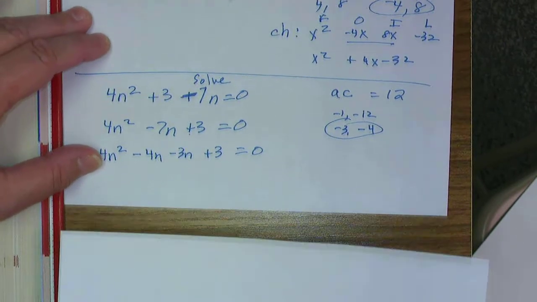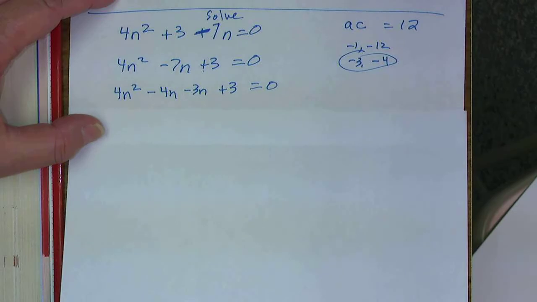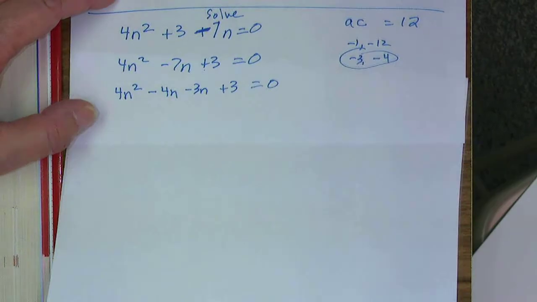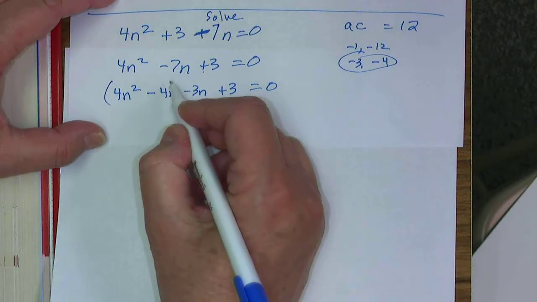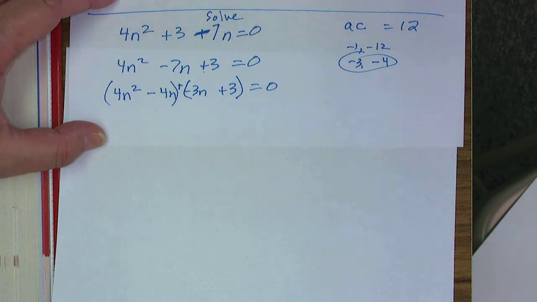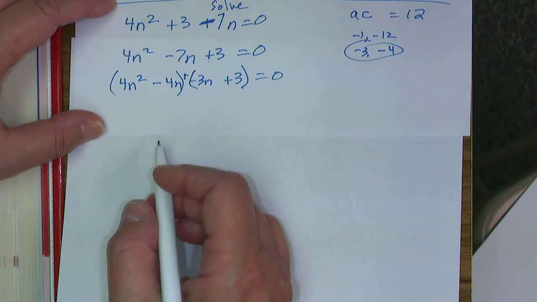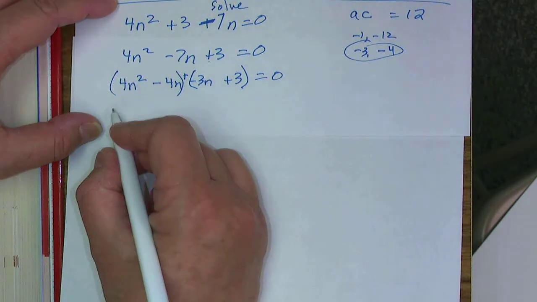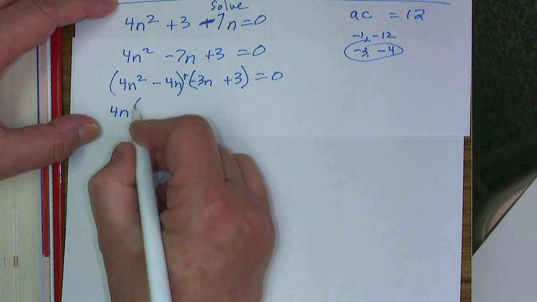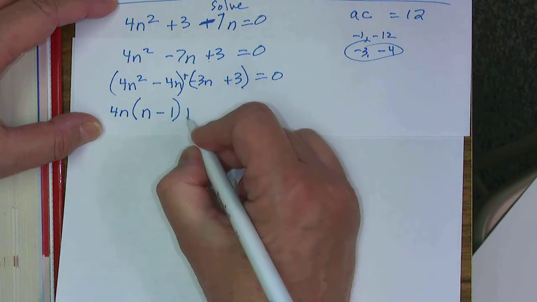If you solve, then you have to set each thing equal to 0. When you group these, you need to be very careful. These would group together, but you need a plus so that the negative sign gets carried with the 3. So let's see, we are going to factor out, they look like they have a 4 and an n, so that leaves me an n minus 1 plus.